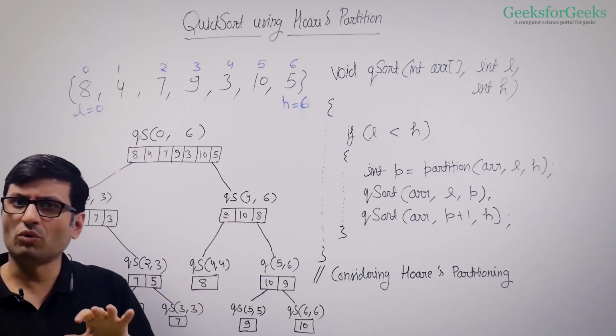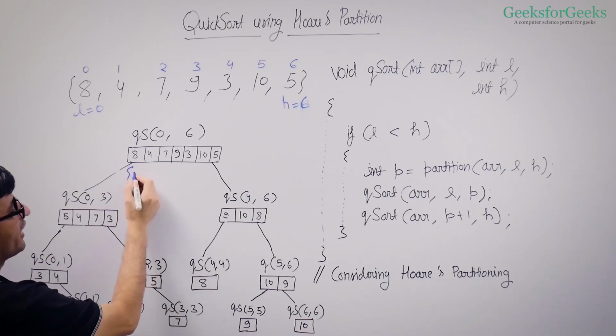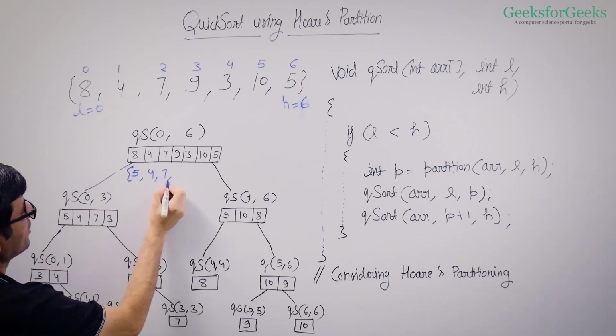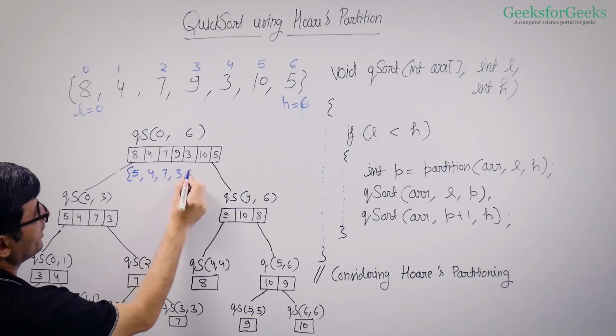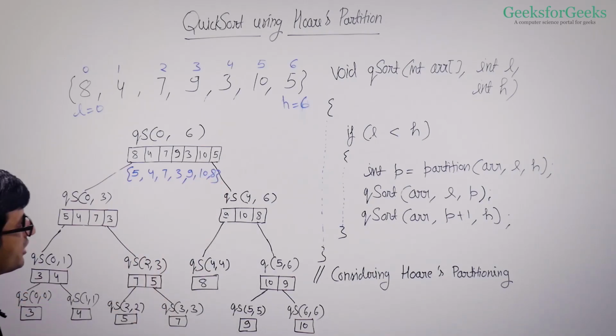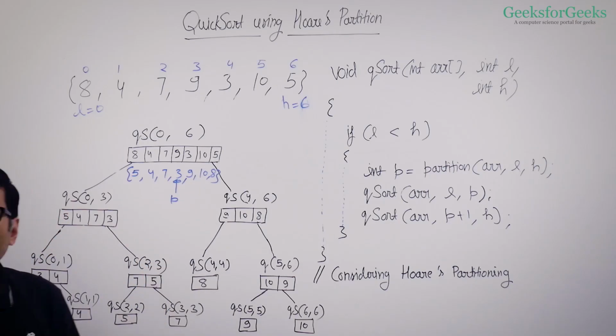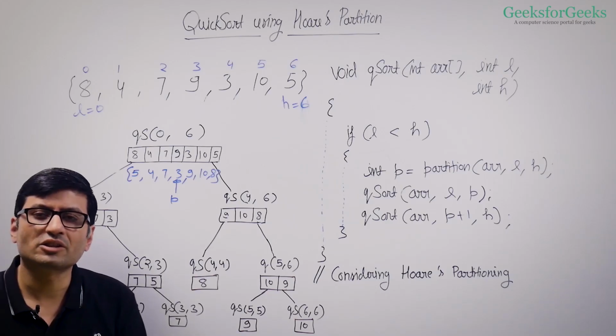Now we call Hoare's partition function, and this function modifies this array to 5, 4, 7, 3, and then 9, 10, 8. And it returns this index P, so you get P as 3.